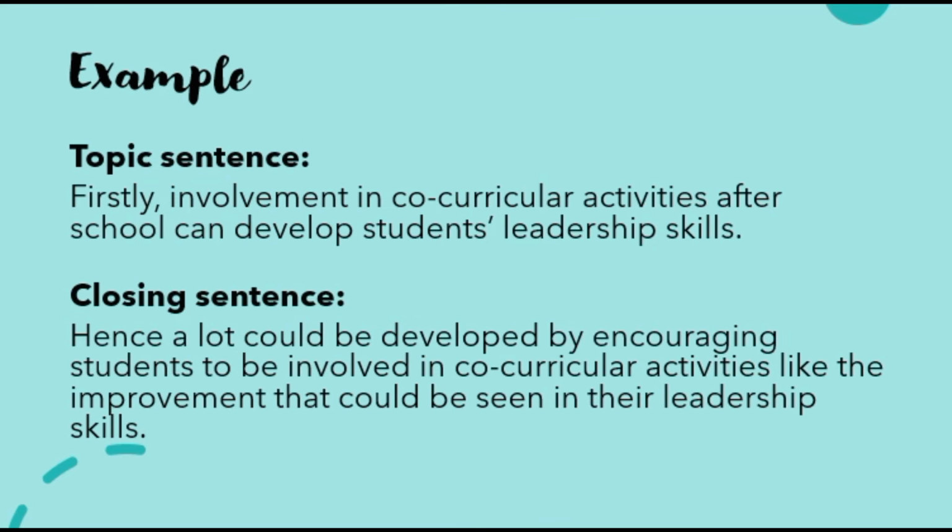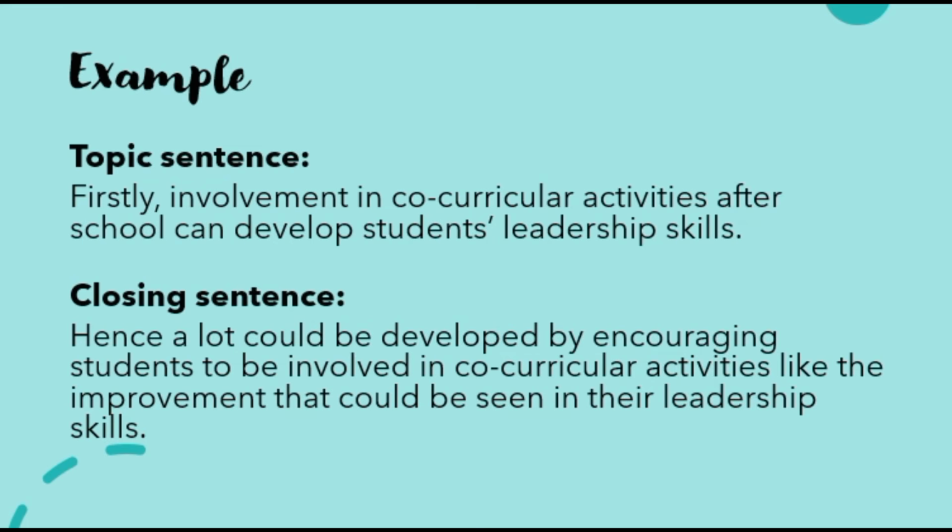So let's revise how the whole paragraph is organized again before I show you this example of the closing sentence. So again, let me remind you of the topic sentence. Firstly, involvement in co-curricular activities after school can develop students' leadership skills.